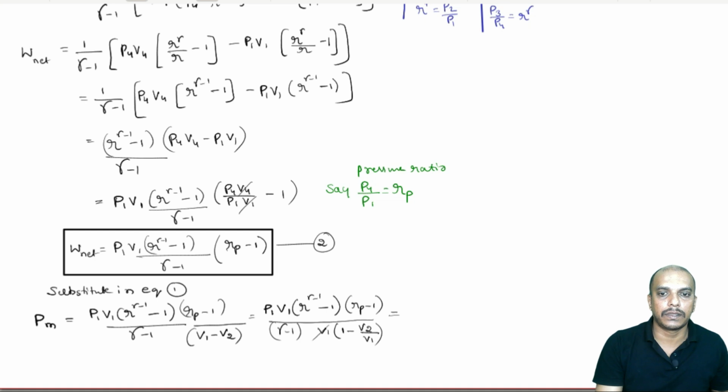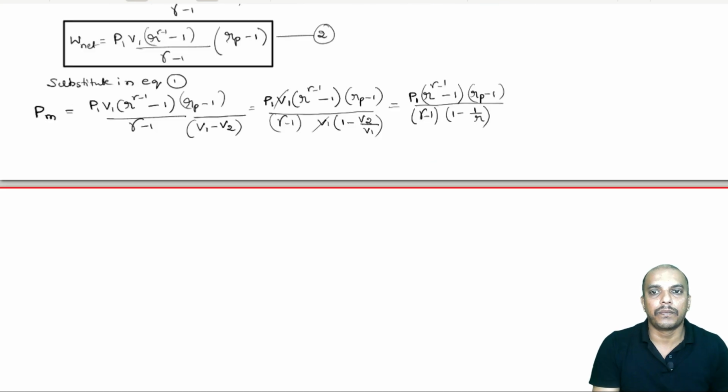So now I have cancelled out V1 and V1. We have remained with P1 R power gamma minus 1 into RP minus 1, divided by gamma minus 1, into 1 minus 1 by R, because V2 by V1 is 1 by R.